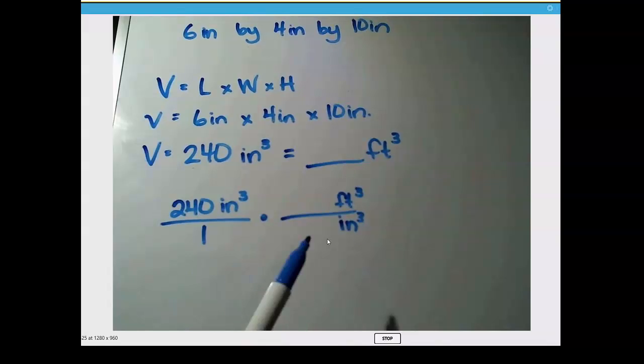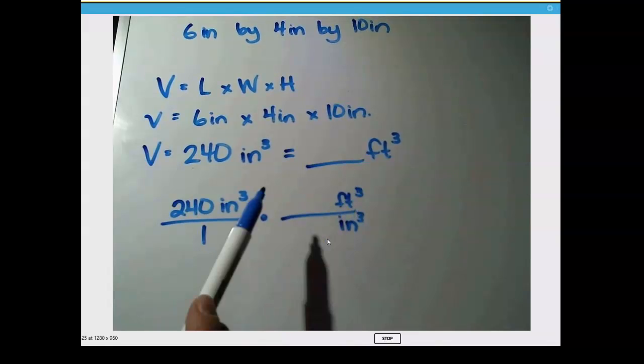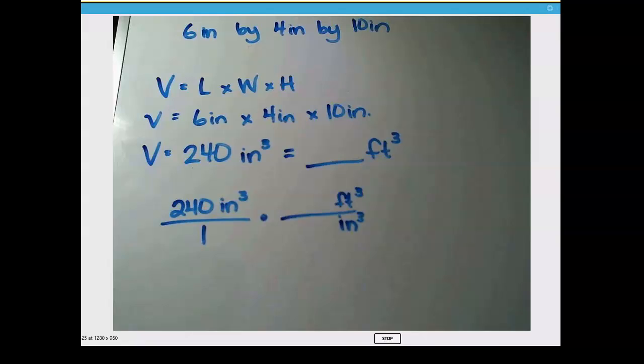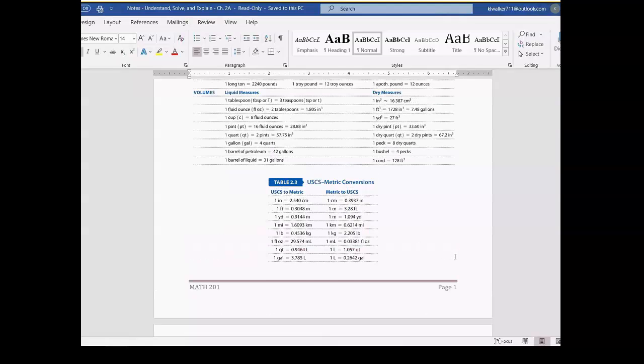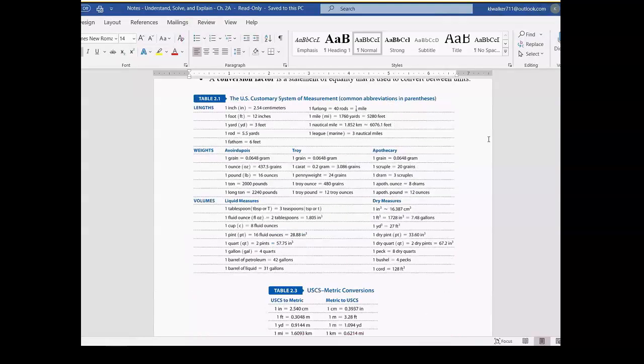If you don't know how many cubic inches are in a cubic foot, go back here and let's see if we can find one. So we're talking about volume, so we're looking under the volume section somewhere. Liquid measurements don't help us, so we need to look at the dry measurements for volume.